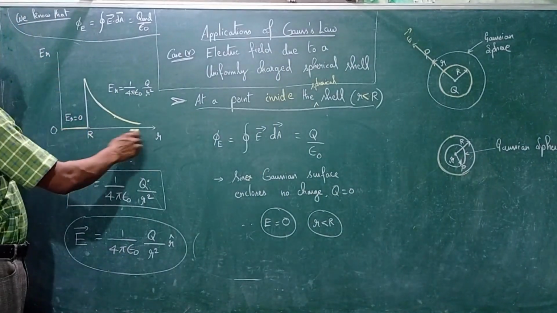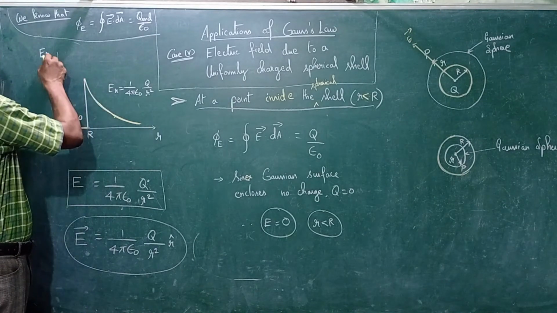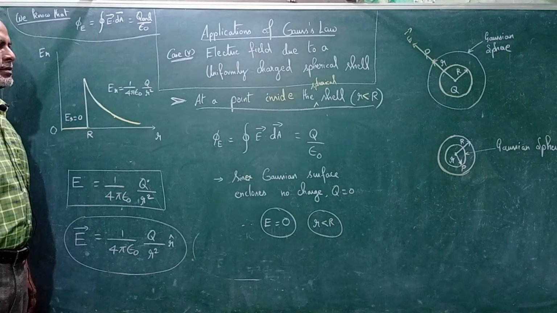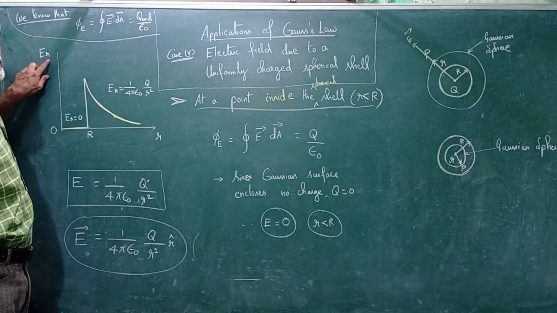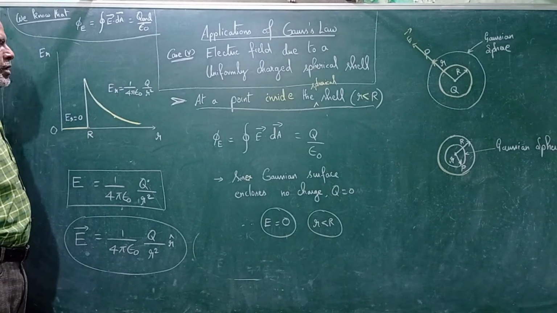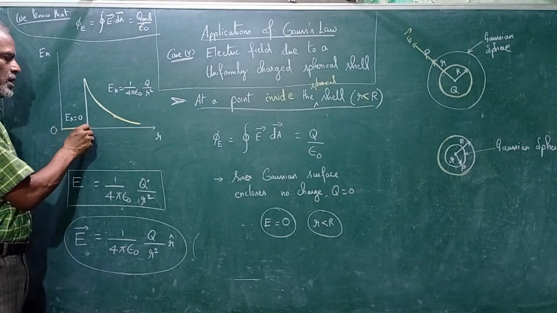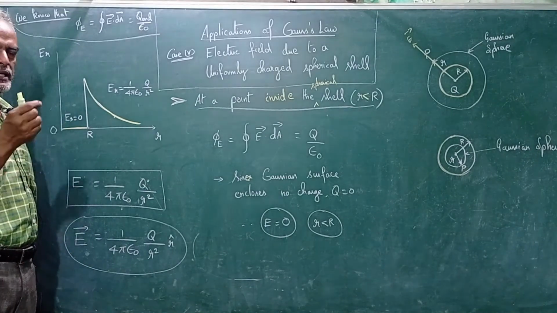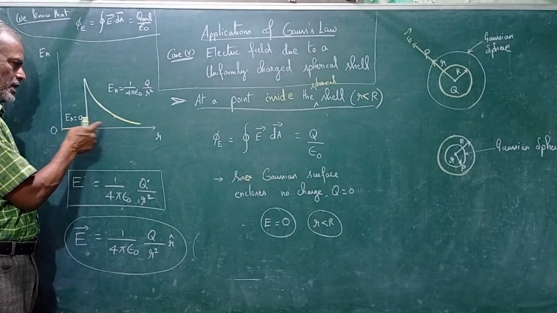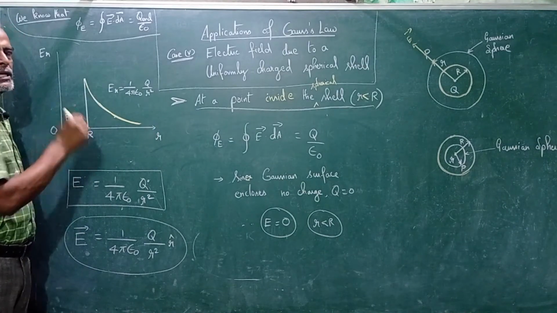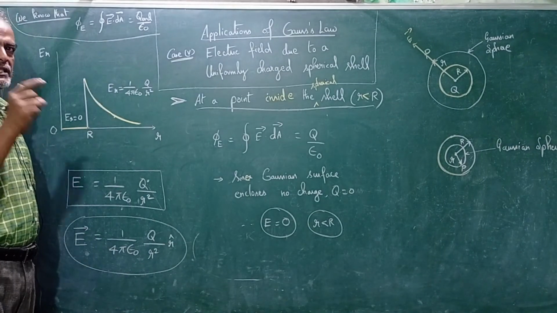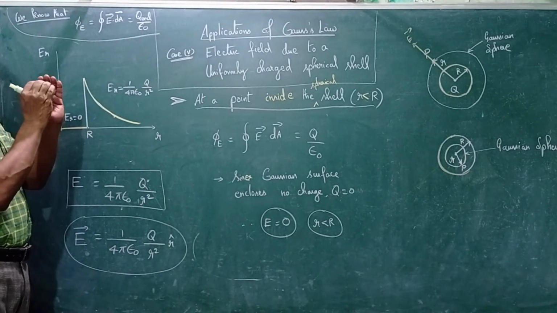So we plot a graph between small r and the electric field, because of this distance r, E versus r. From 0 to R, that means when small r is slightly less than capital R, up to that the distance is inside the sphere.